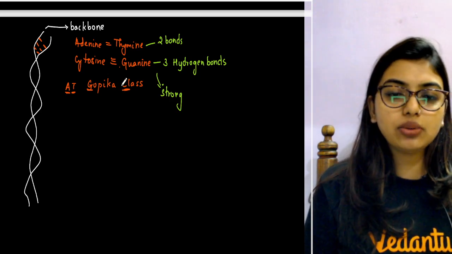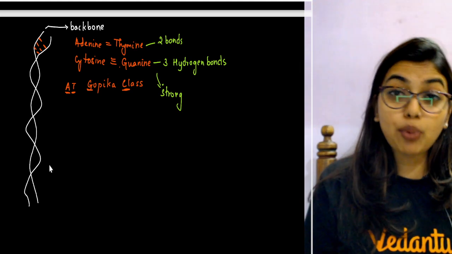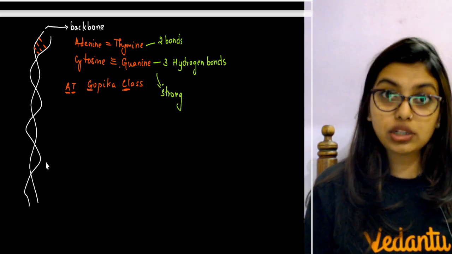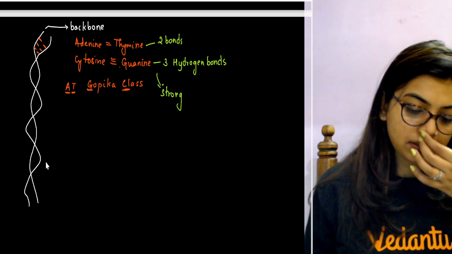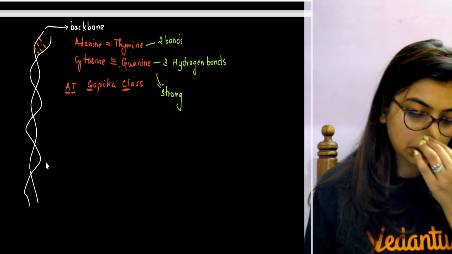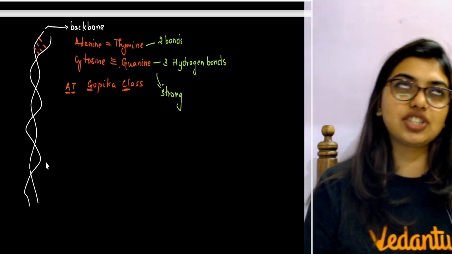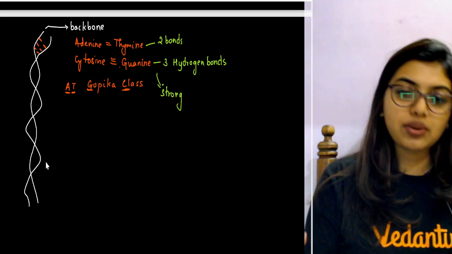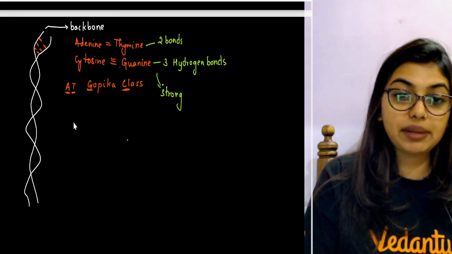Now remember that they had told some things about bonding. If you want me to draw the bonding, it is going to be different. So it's okay, I will just talk about the sugar. Students, we will come back to bonding, because if I talk about bonding now, it might be confusing for you.